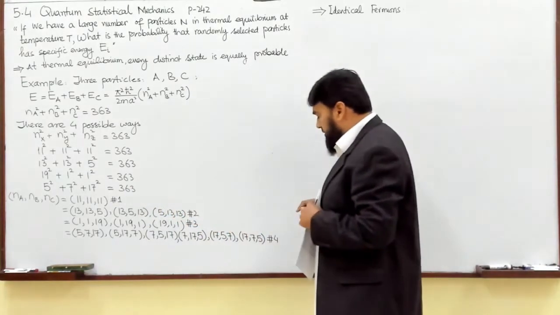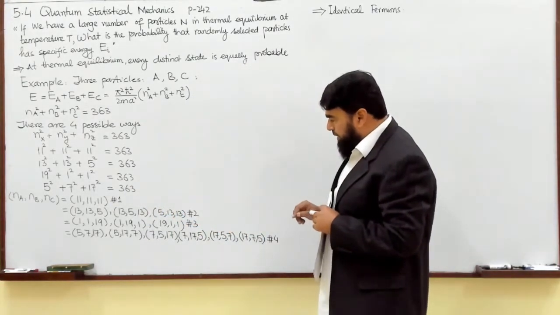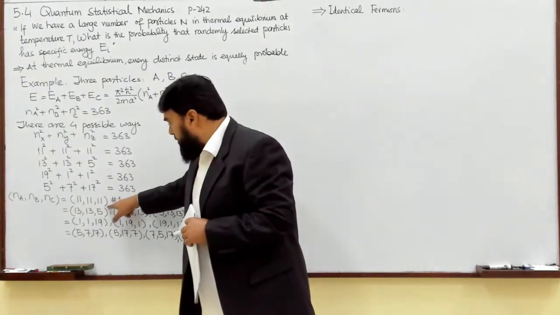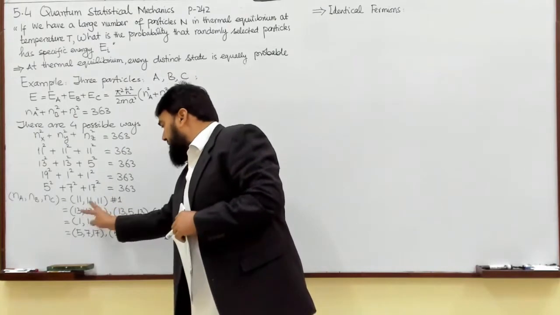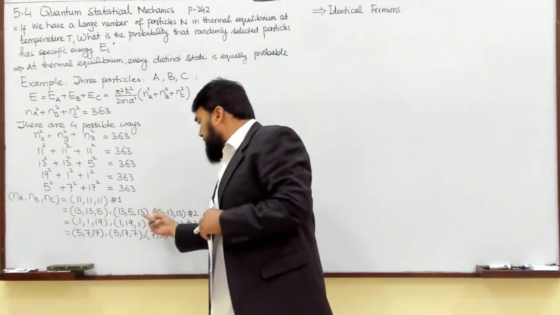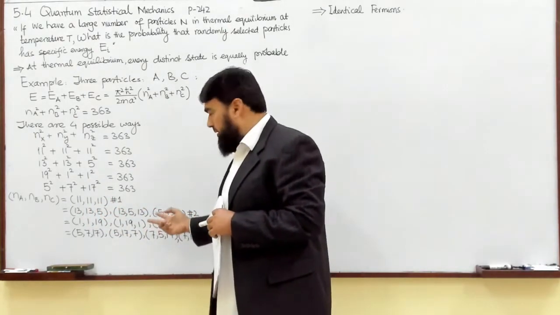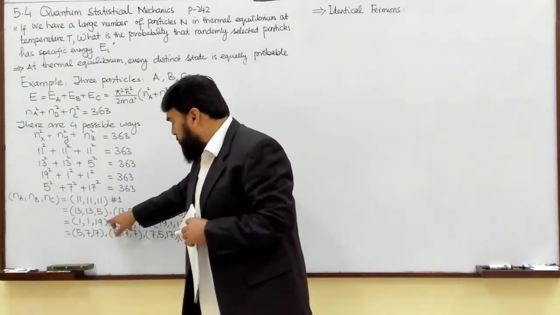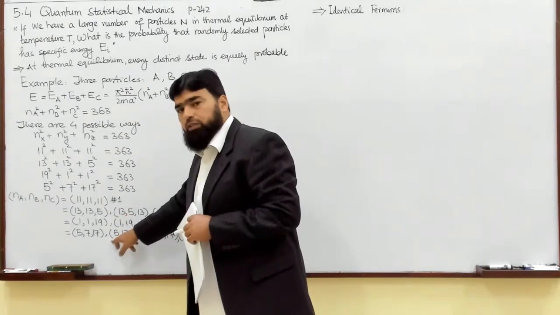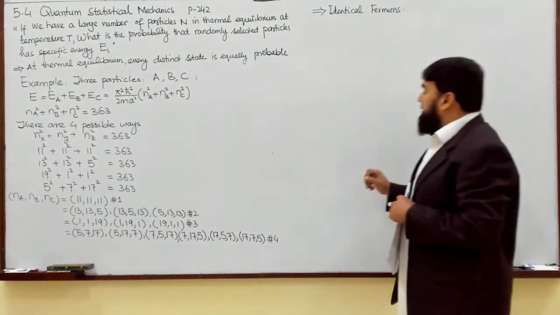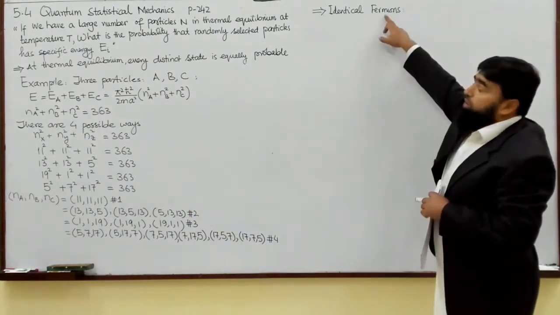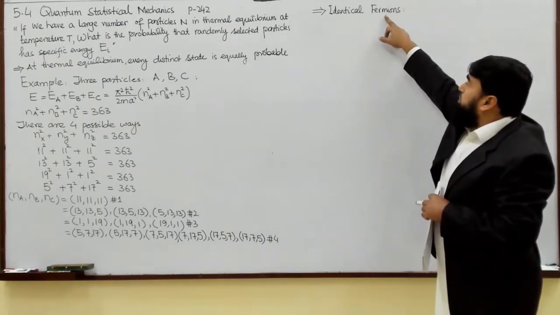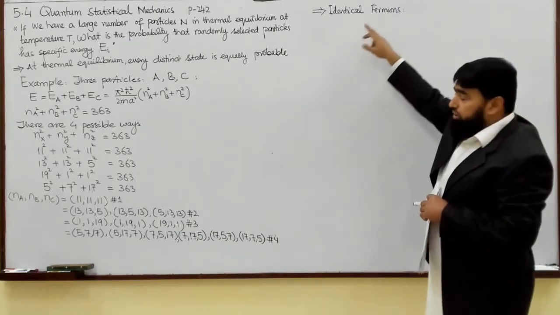But now the total number of combinations will not be this one, because it will be only 1. Here the particles are identical, so their switching in and out is not possible, and we will have one possible way here and 1 here.